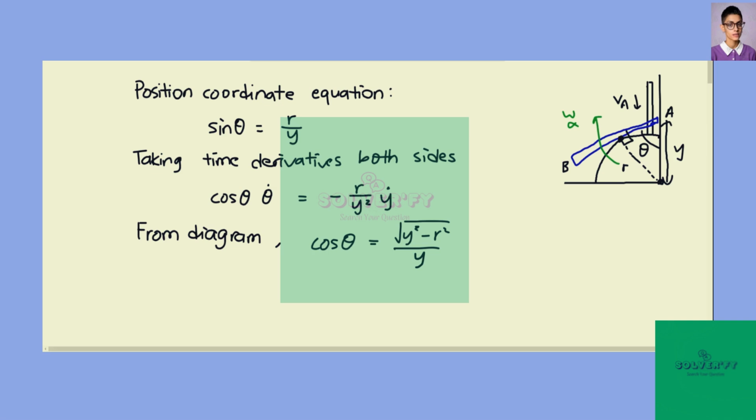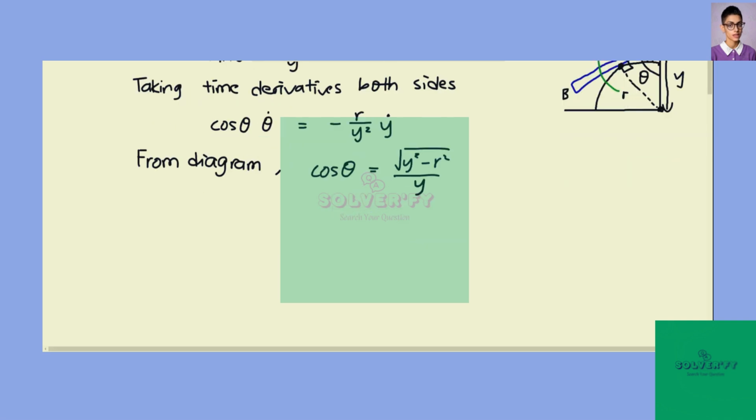And then with y dot equals minus VA, okay, because y is measured upward, so y dot would be negative VA, since VA is downward, and theta dot is omega.